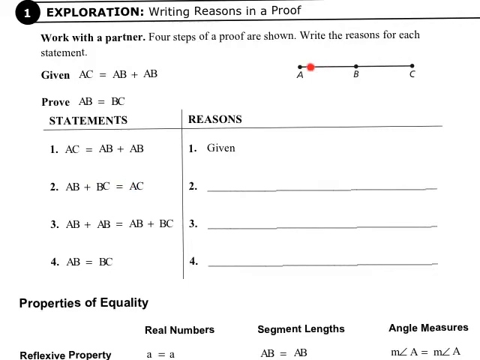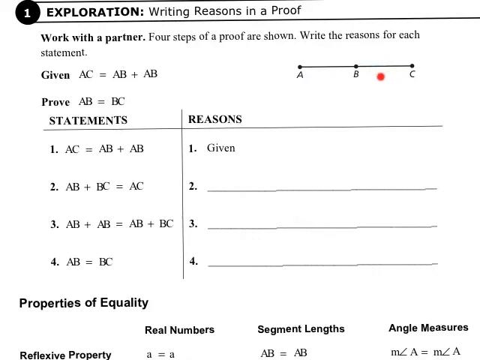Why do we know that AB plus BC equals AC? What postulate tells us that AB plus BC equals AC? What do we call these things? AB and BC are segments.